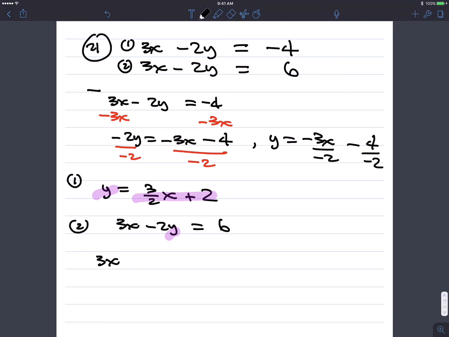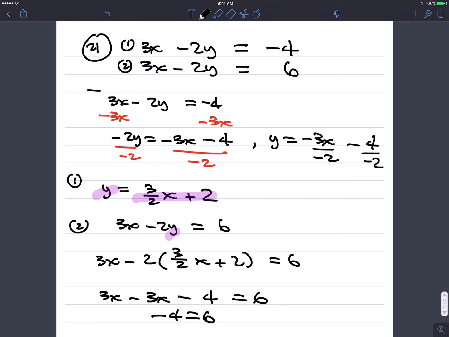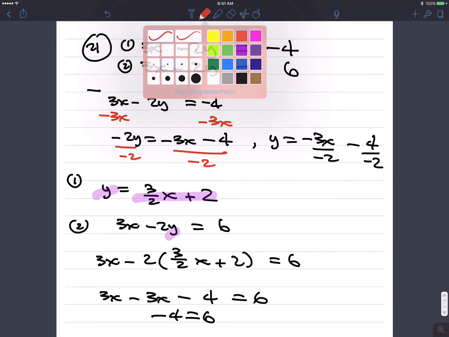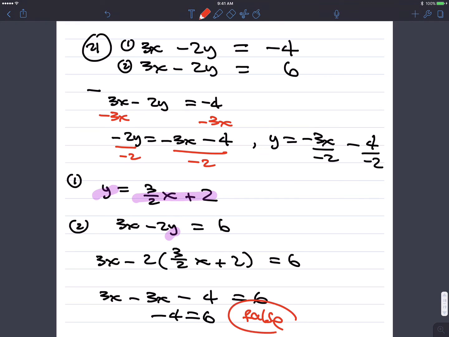You get 3x minus 2 times 3/2 x plus 2, and that's going to equal 6. Let's distribute the 2. 3x minus 3x minus 4 equals 6. You get negative 4 is 6. This is a false statement. Negative 4 is 6. That means there's no solution. These lines are parallel.